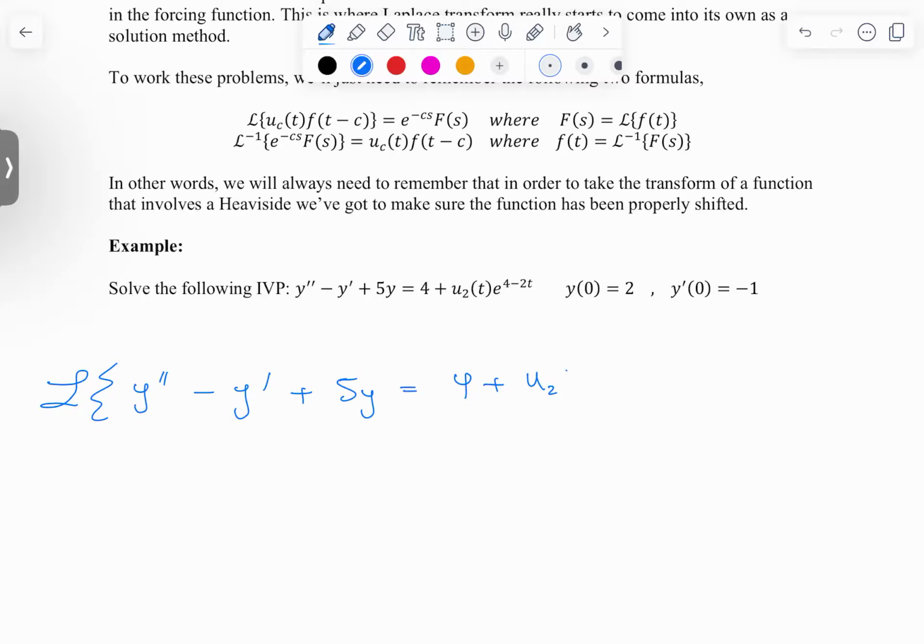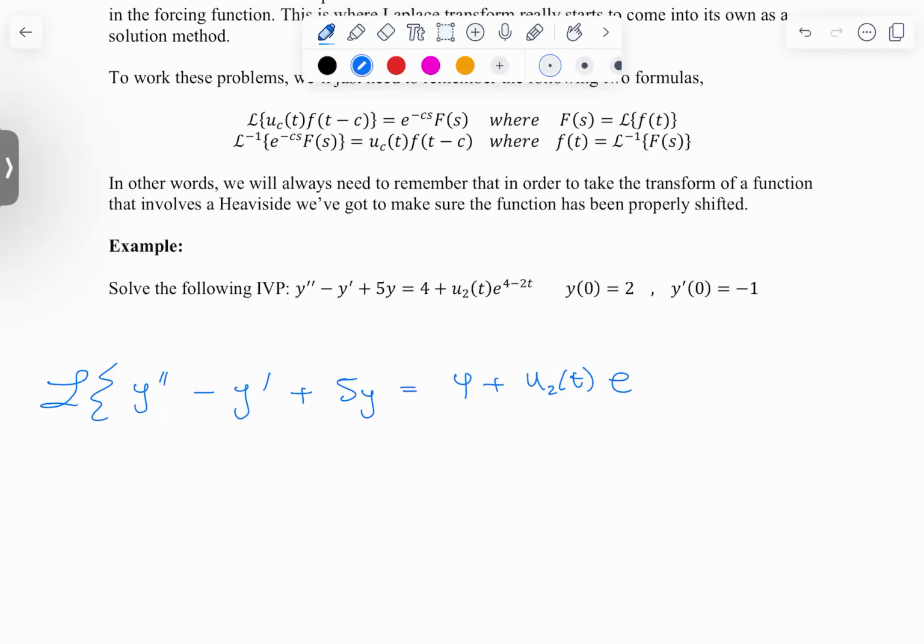I have the Heaviside function, and actually while I'm here, let's adjust this. Remember, when you have a Heaviside, the function associated needs to be in what form? Is it fine as just 4e to the 4 minus 2t?